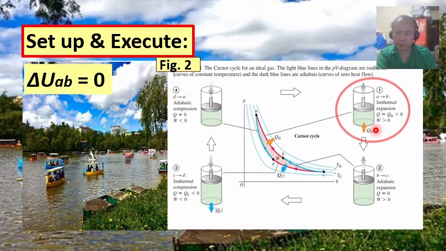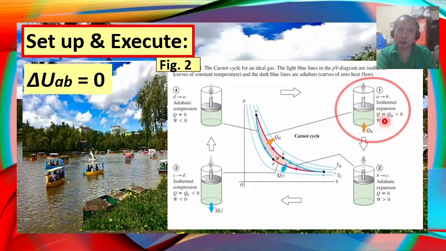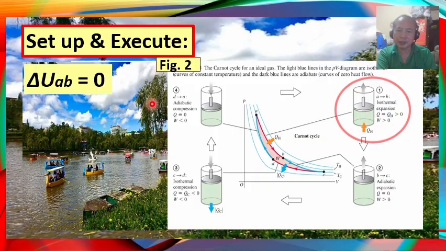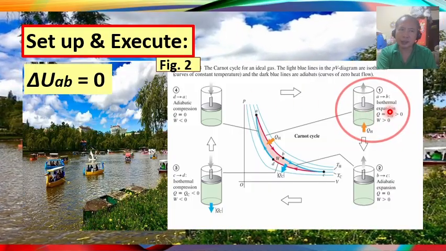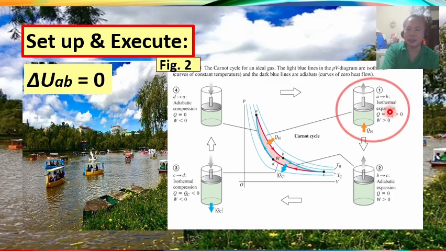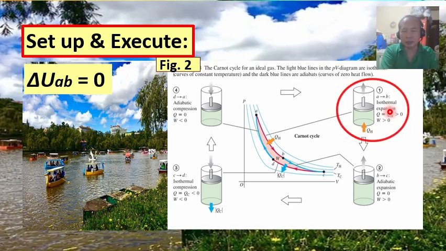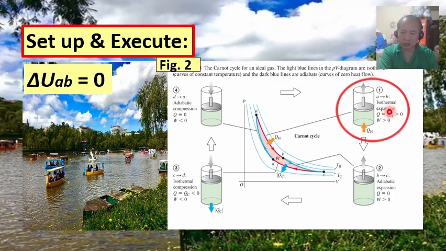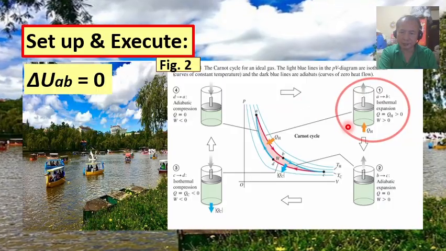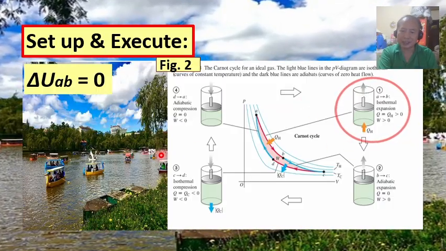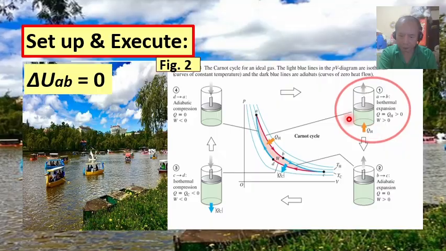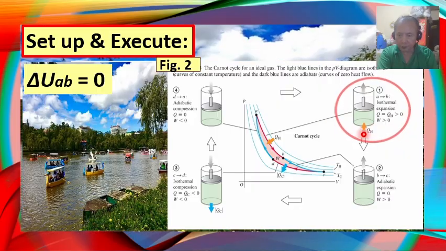So in step 1, we said that there is an isothermal expansion of the gas, right? Meaning that the temperature doesn't change, it is maintained at the temperature TH, although there is an increase in the volume, right?